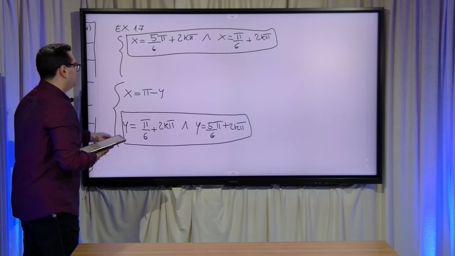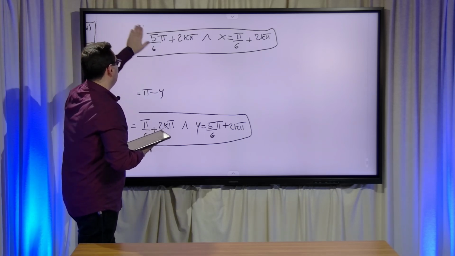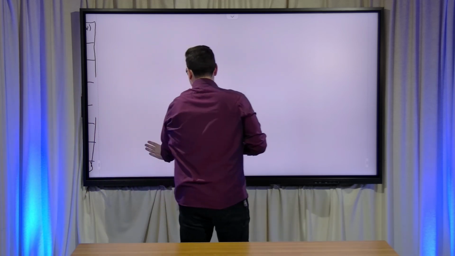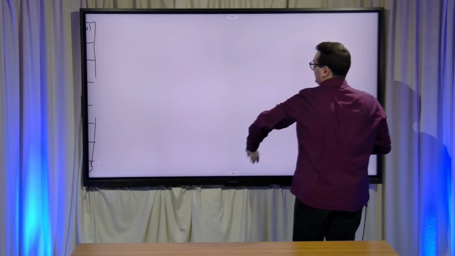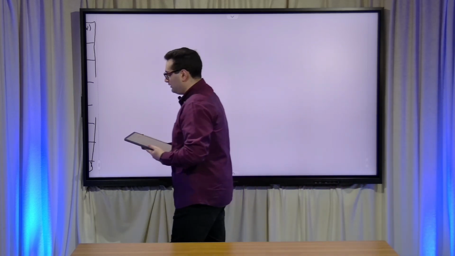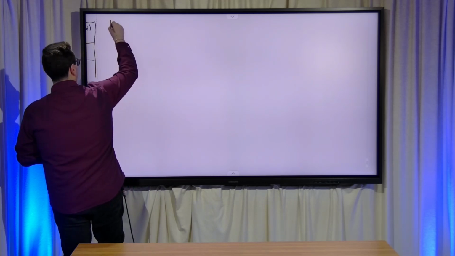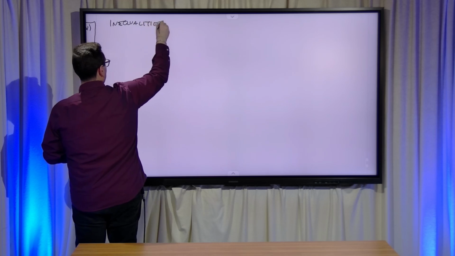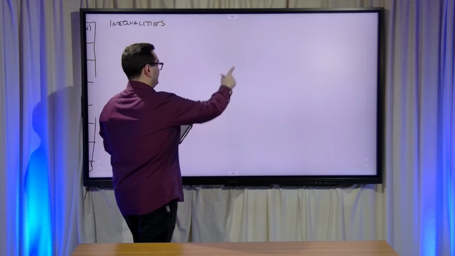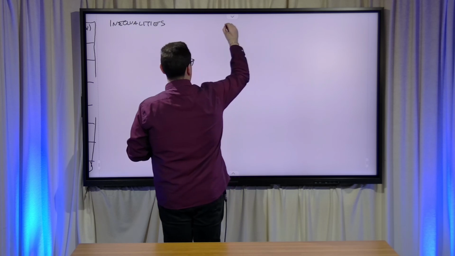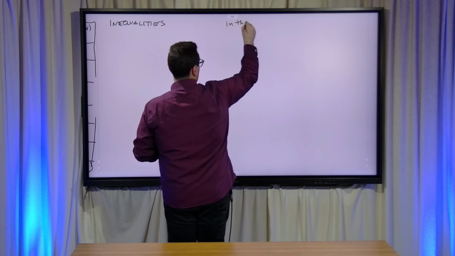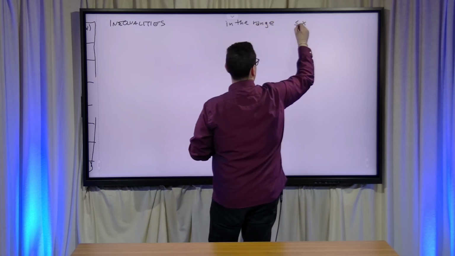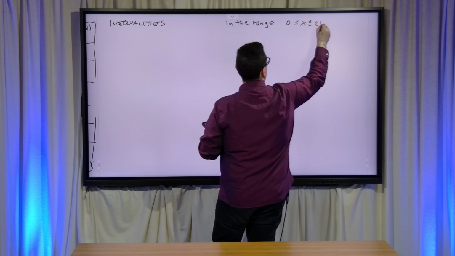Okay, we are done with the trigonometric equations, and now let's move on to trigonometric inequalities. I write here that we're going to solve these inequalities in the range x in 0 to pi.